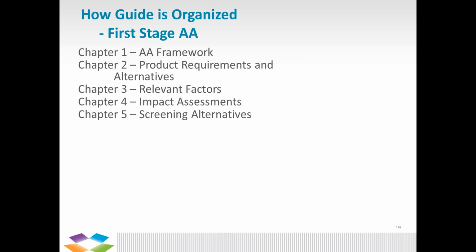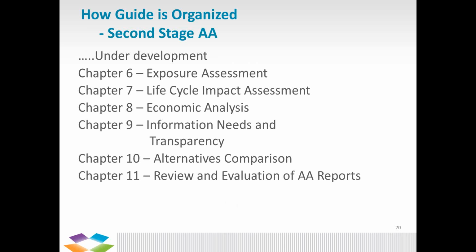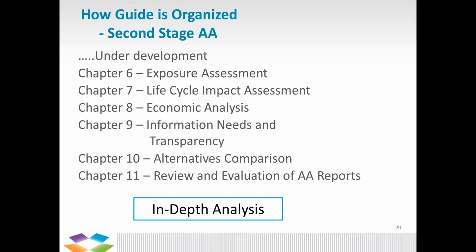I want to stress, though, that it's an iterative process, and as you get into the second stage, which is a deeper dive on exposure assessment, LCA, economics, and alternatives comparison, you will most likely find information that might raise a question about something you'd screened out in stage 1, and you need to go back and look at that based on what you learned. So while it's formally 2 stages, collectively it's a dynamic kind of thing.